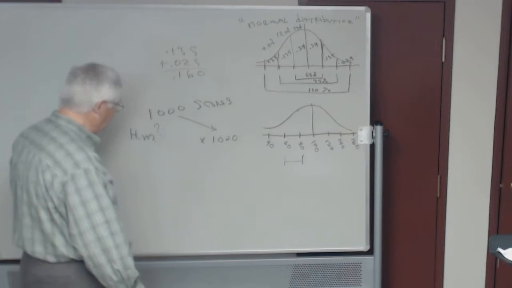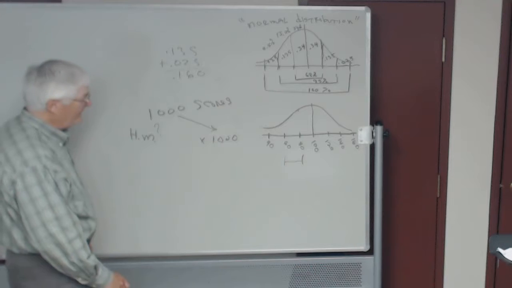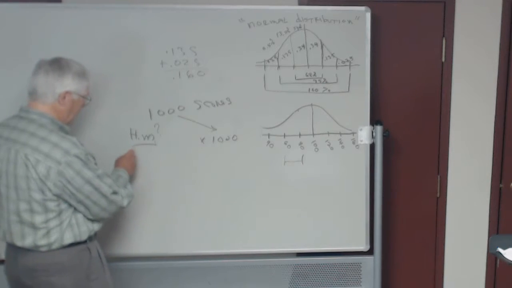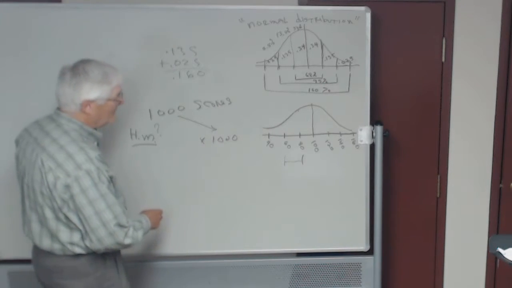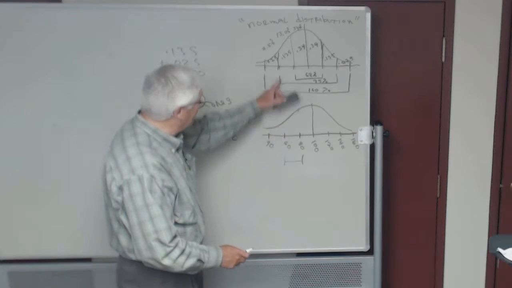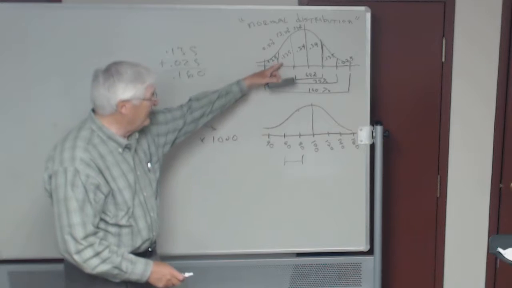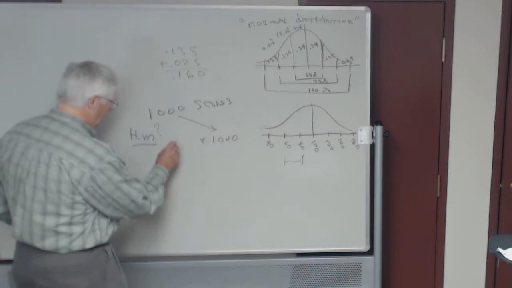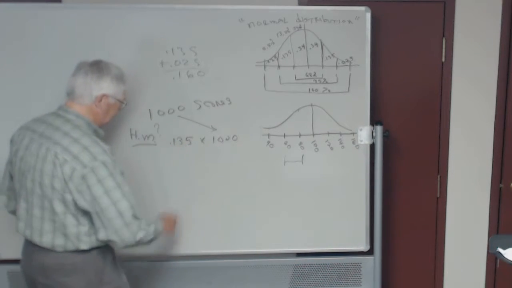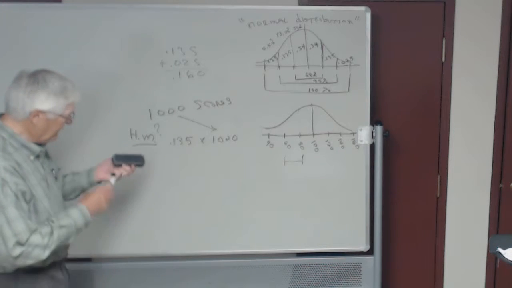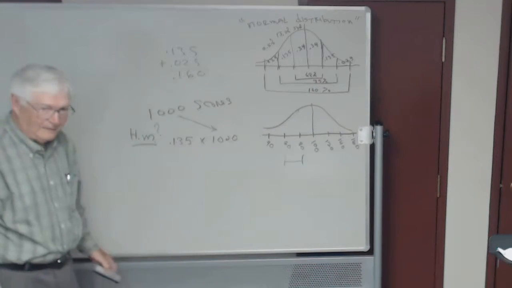And what would that be? What do I take times 1,000 for the how many? 0.135. I use that number up there. 0.135. And what does that come out to be? 135.